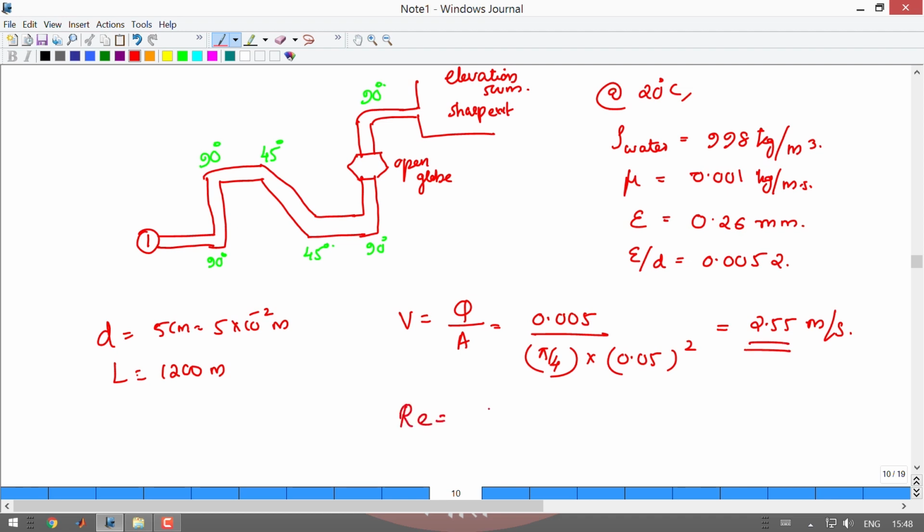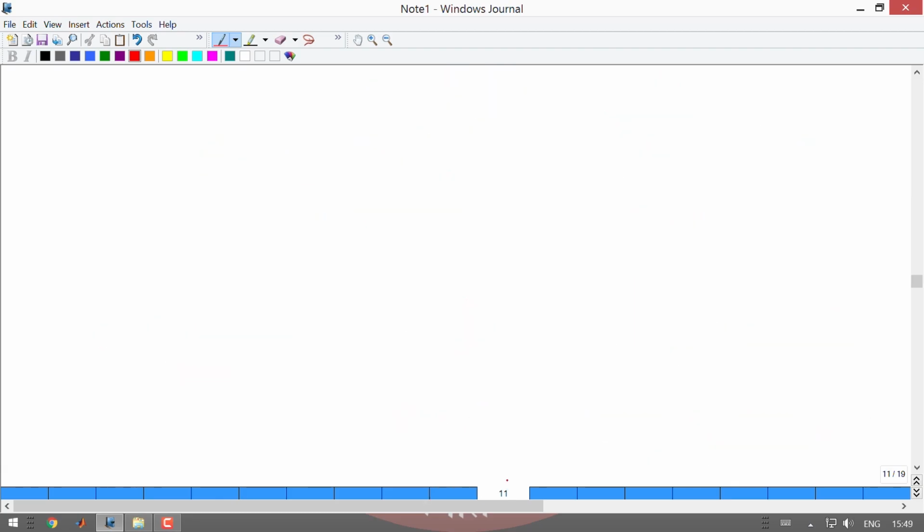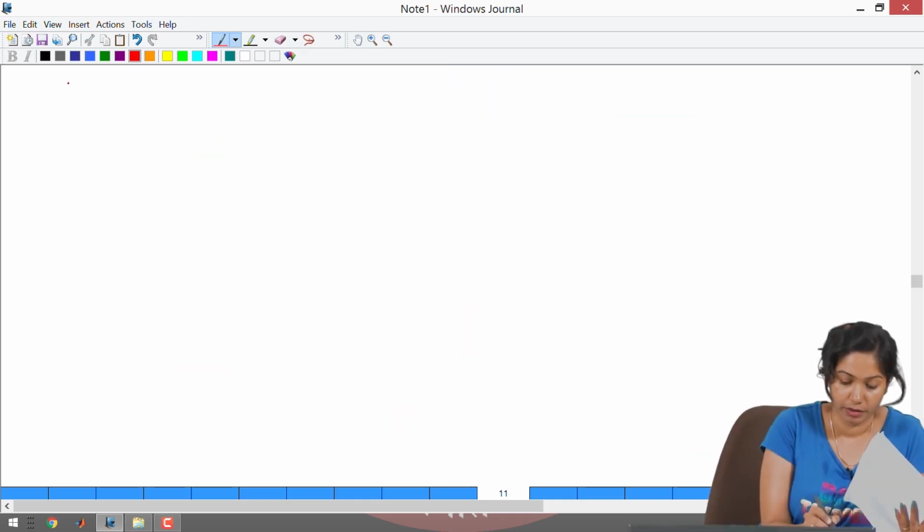Reynolds number equals D V rho by mu, so it will be 0.05 into 2.55 into density 998 divided by 0.001. From the Moody's chart we can get the friction factor. So, that you have to calculate.